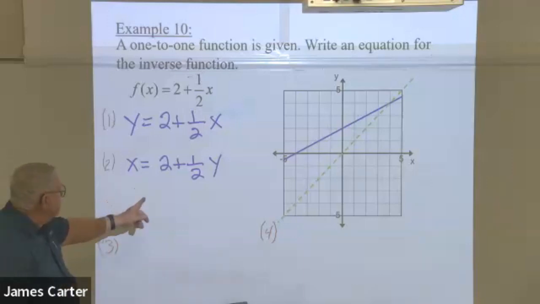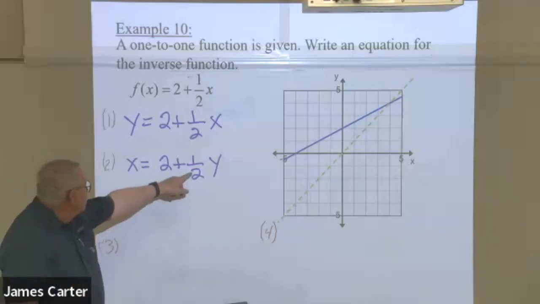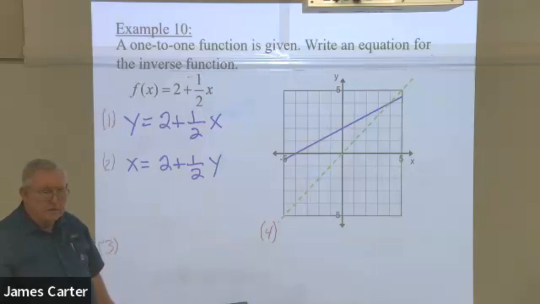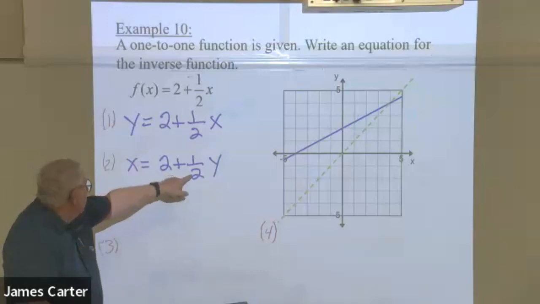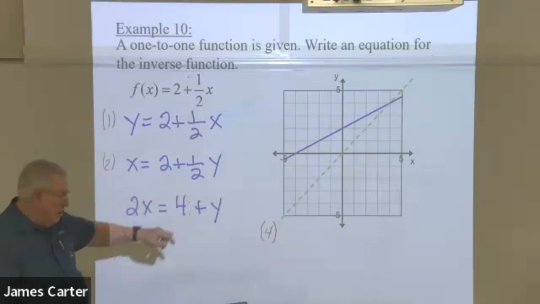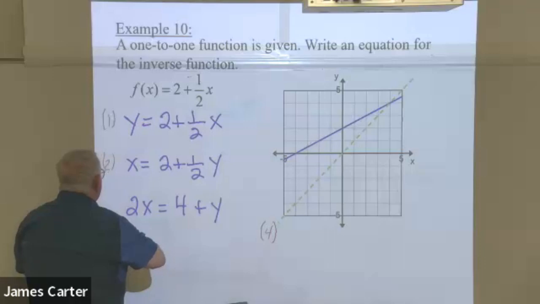Now, typically the third step, which says isolate y on one side of the equal sign, is the hardest thing in this whole process, because sometimes that can take 3 or 4 steps. Well, in this case, we're going to take that 2 over and multiply everything by 2 on both sides.